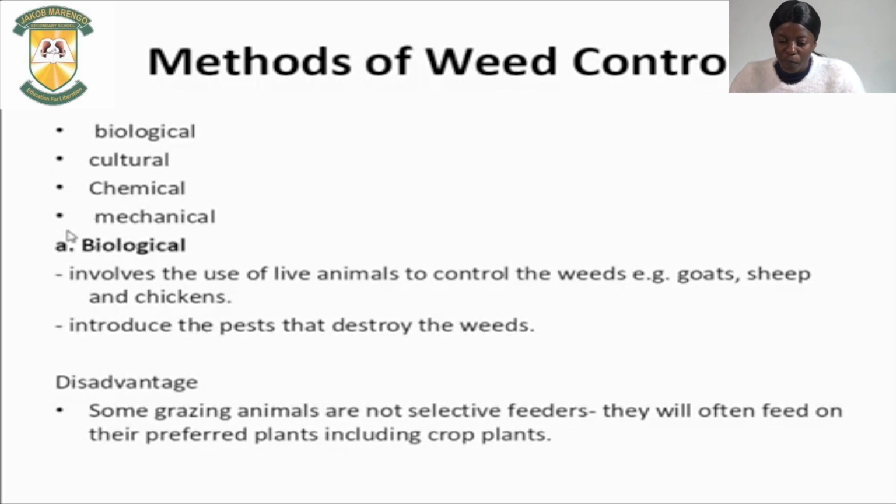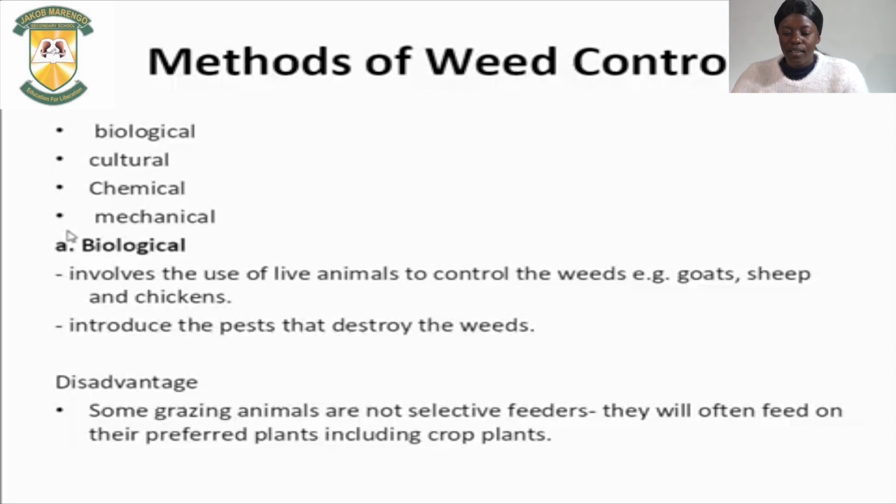Here we are simply saying a farmer will allow these animals to go into the field and graze on weeds which are found in the field. Then under biological again, you can also introduce the pests that can destroy weeds in the field.